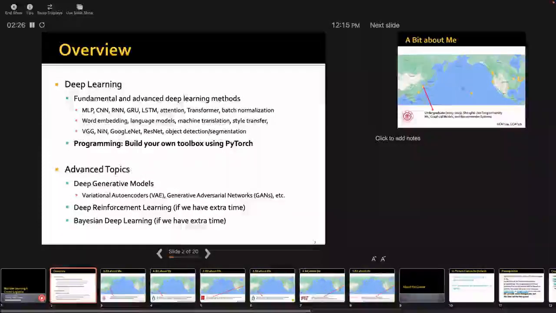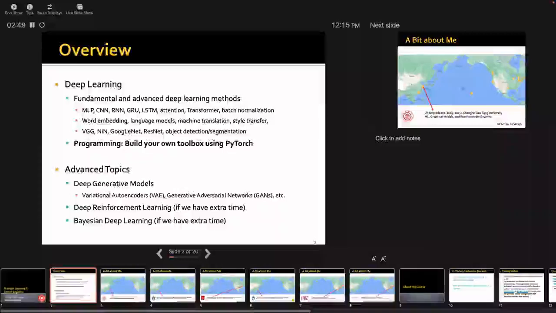So we're going to talk about multi-layer perceptron, convolutional neural network, and recurrent neural network. We're going to talk about different variants of recurrent networks, the modern versions of it, like GRU and LSTM. Some of you may be familiar with it, but some of you are not.